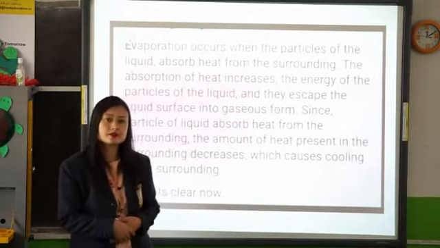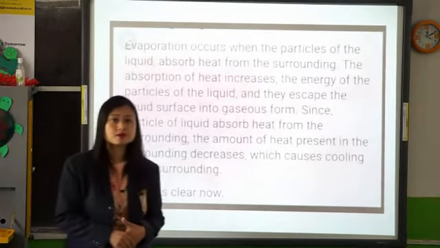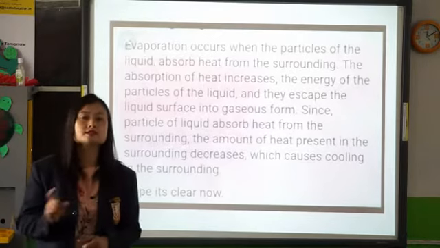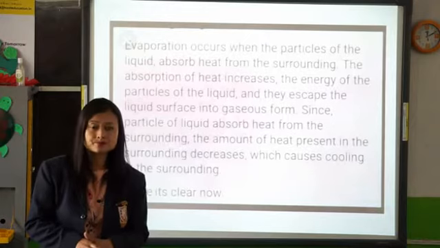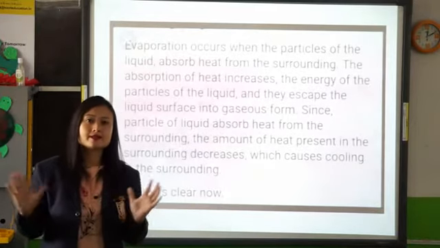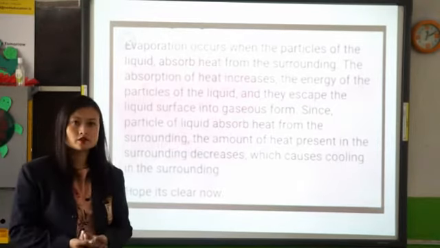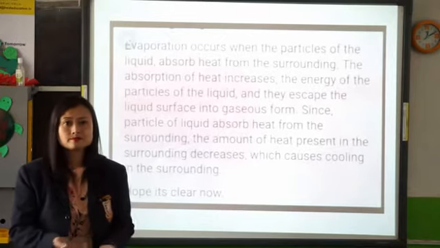Now how does evaporation take place? Now see here, evaporation occurs when the particles of the liquid absorb heat from the surrounding. Now remember this, during evaporation, heat is provided by the surrounding. For example, you put a glass of water or just sprinkle water on the ground, and after you come back after some time, what will you see?